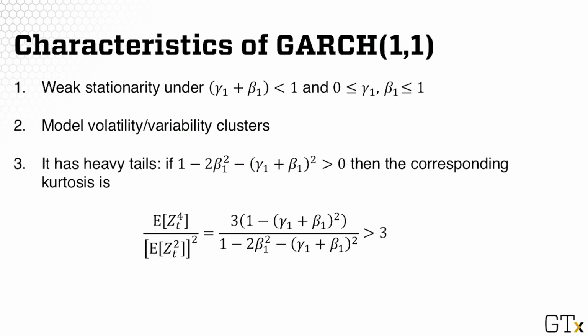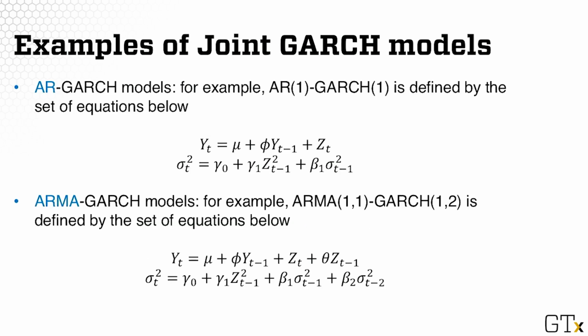Last, the GARCH model has heavy tails measured by the kurtosis, that is, the kurtosis is larger than 3, if we have this condition on the GARCH coefficients. A heavy tail distribution means that GARCH can capture outlying periods of large volatility, large variability.